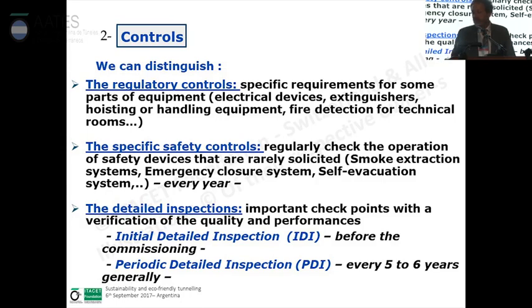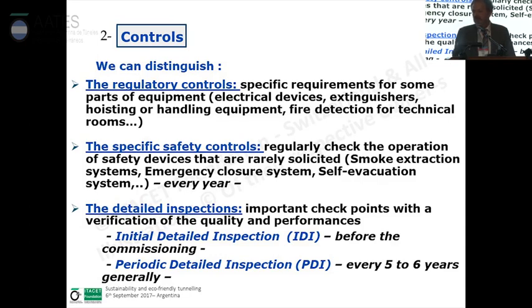Emergency closure system, evacuation system, all of them need periodic tests. Usually every year is recommended. Every year you use, as in a test, all your systems. And the detailed inspections are a complete verification of the quality and the performance of the system.